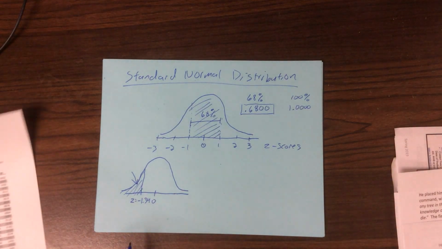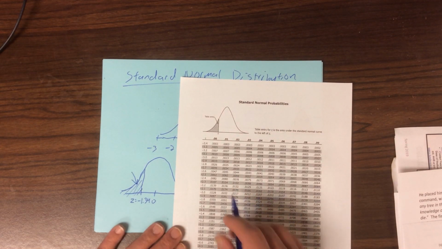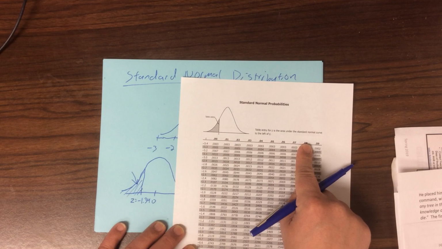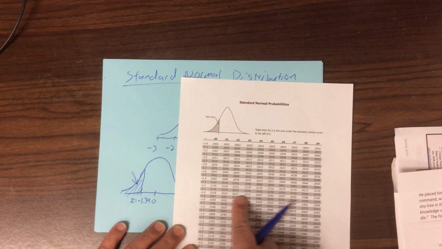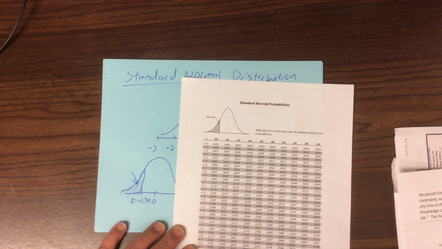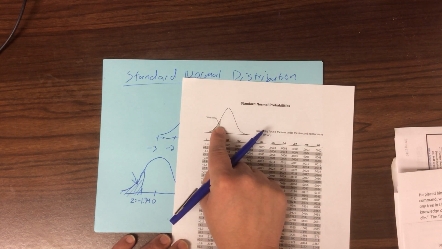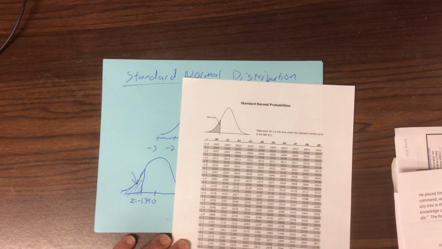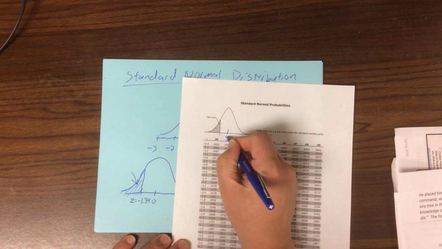And this is really important to realize, that whenever you look up a z-score on the table, by looking here and here, and I'm going to show you that in a second, the areas are in the middle, and they're 4-digit decimal numbers, and they represent the percent, okay? But when you look up a z-score on the table, it always gives you the area below that z-score, okay? And these are negative z-scores, so 0 is here in the center.